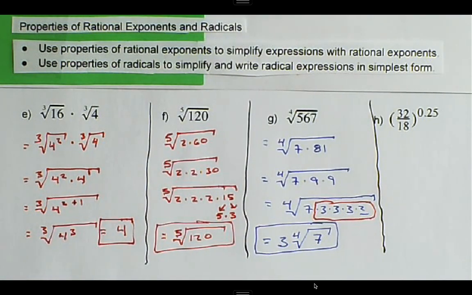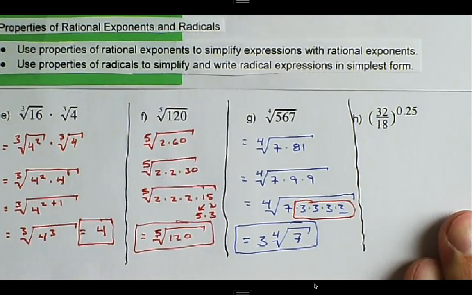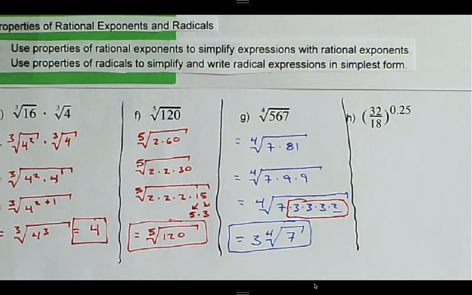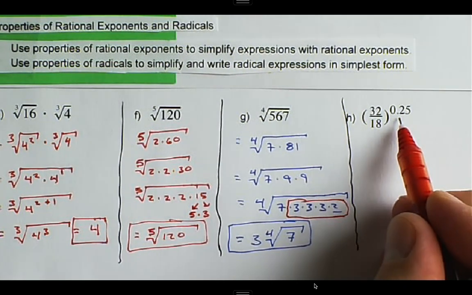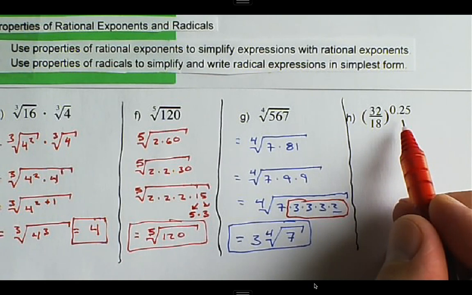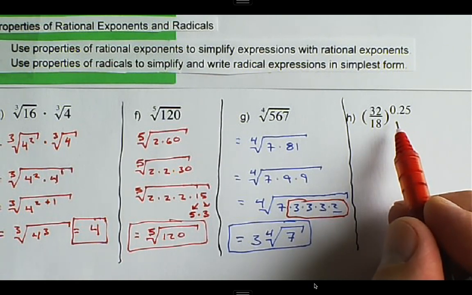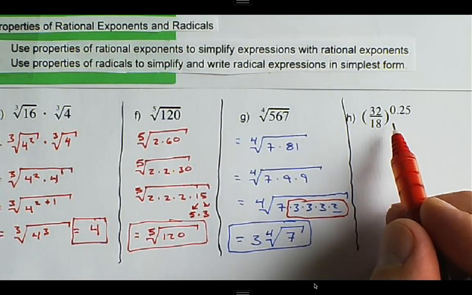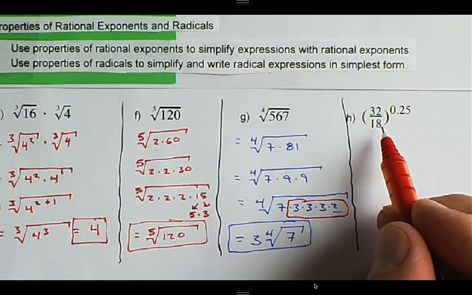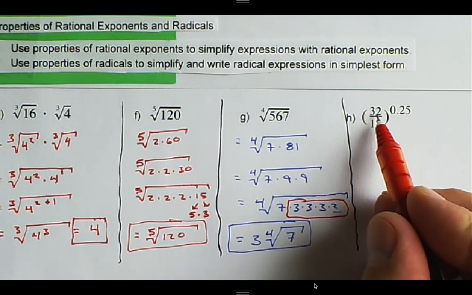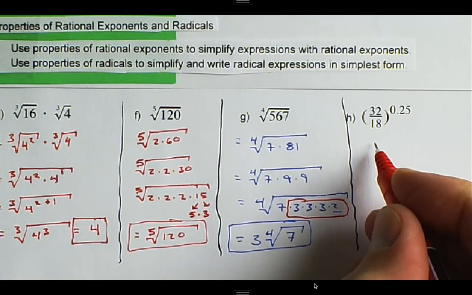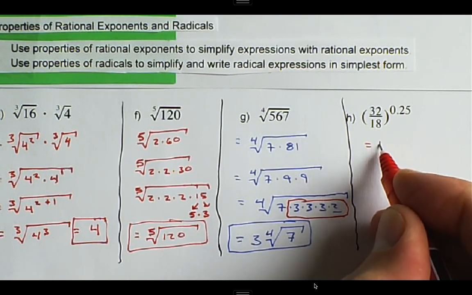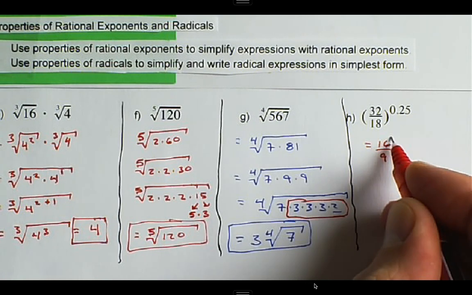Last example that we have for this video. We have 32 divided by 18 raised to the 0.25 power. The first thing that we want to do is simplify this fraction, and that fraction gets simplified to 16 divided by 9.